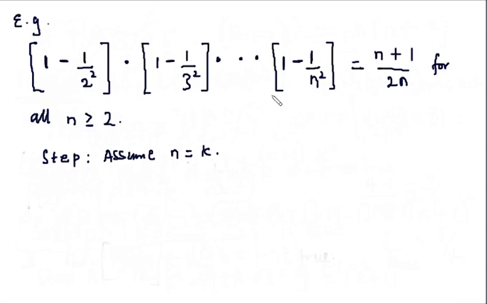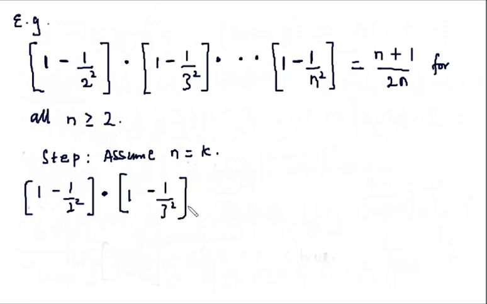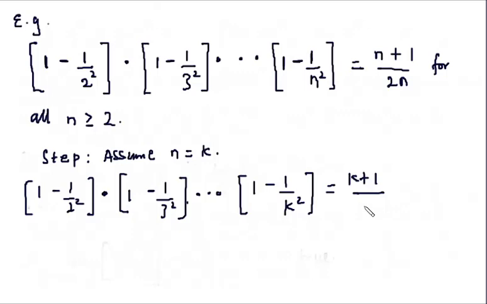So this statement is saying 1 minus 1 over 2 squared times 1 minus 1 over 3 squared on up to 1 minus 1 over k squared. So we are simply replacing the n's with k's. So this is equal to k plus 1 over 2k.